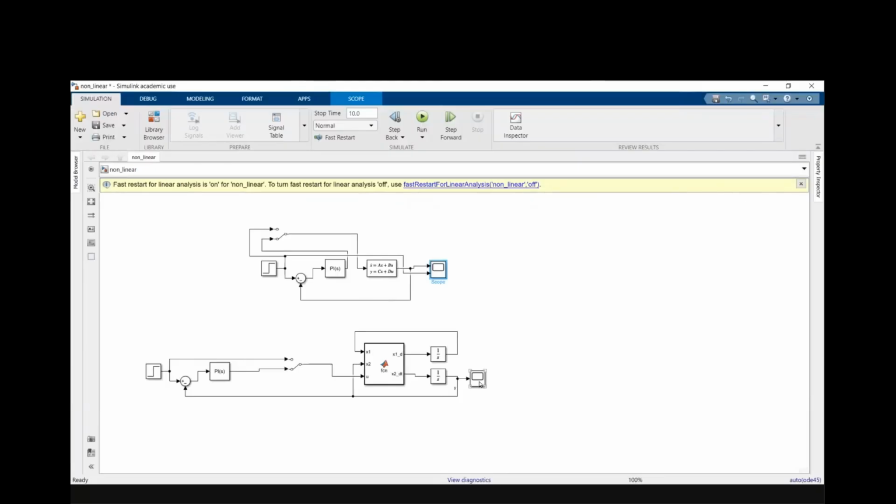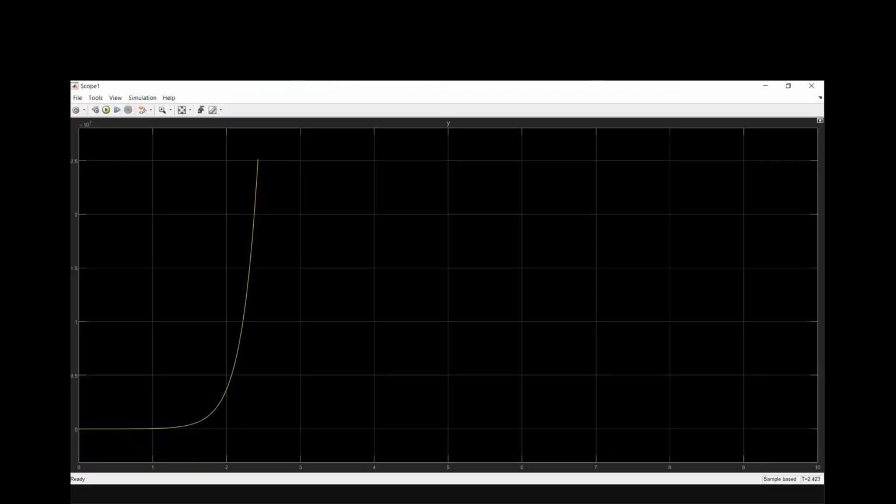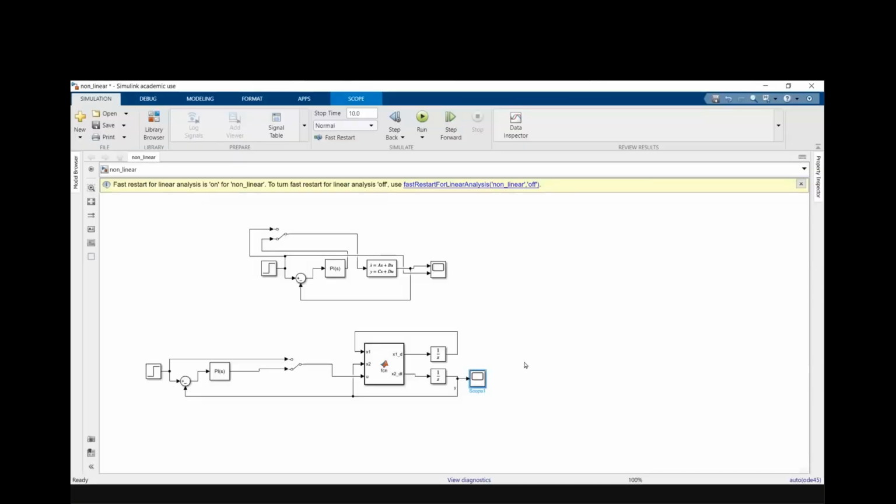But in a nonlinear system, though I have linearized it, it may track or it may not track. If it tracks, it is well and good. If it doesn't track, then you have to approach another method. That's the only way. As I said, you can go for the Lyapunov stability theorem, or even you can go for Popov stability.